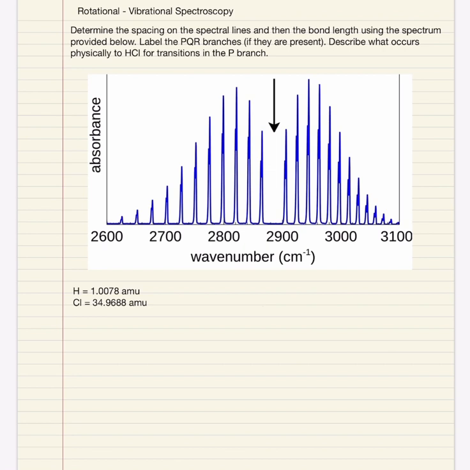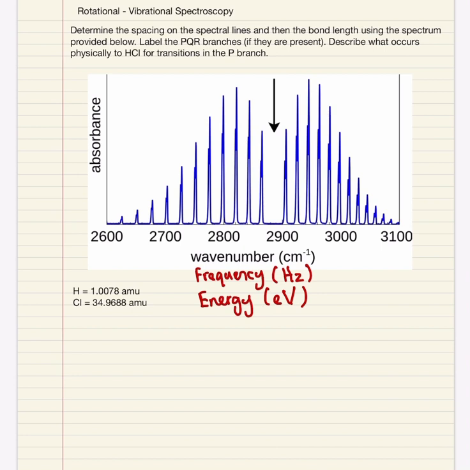Sometimes you can see a different type of x-axis: it can be in frequency, measured in hertz, or in energy, measured in eV, or in wave number, measured in centimeter inverse. It is very important to know what type of x-axis is present, because sometimes the spectrum can be different.